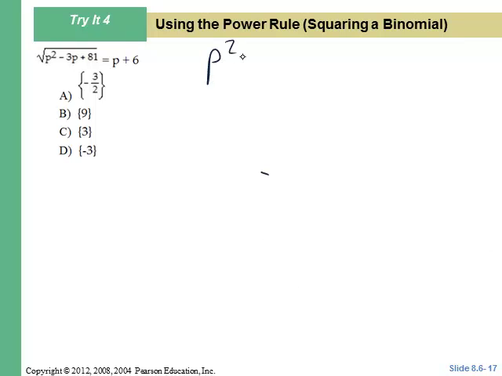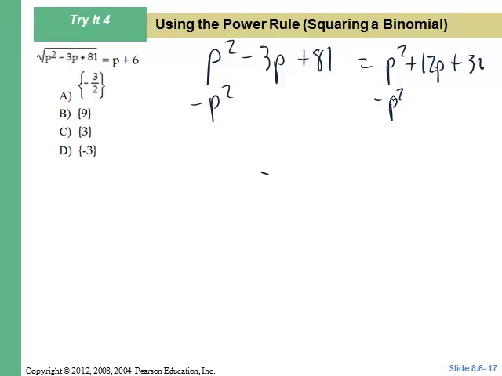Okay, you have p squared minus 3p plus 81 equals p squared plus 12p plus 36. Subtract p squared from each side. Add 3p to each side. Subtract 81 from each side.